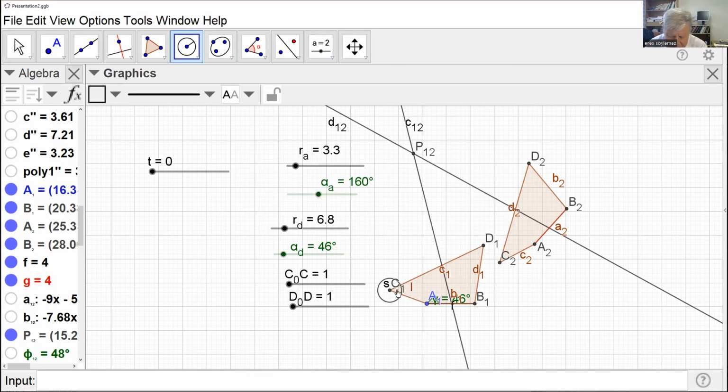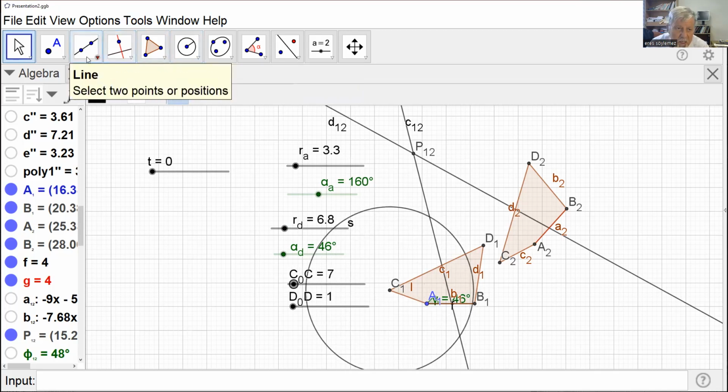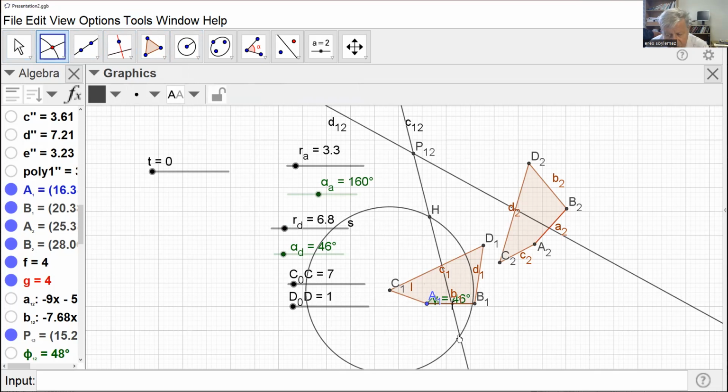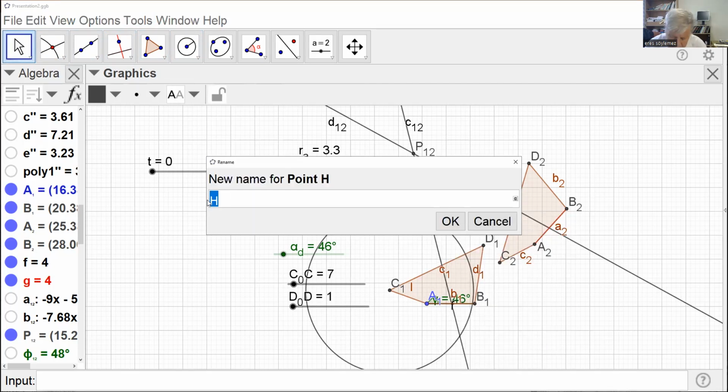This is what I was saying: if it's too small, there will be no intersection of this circle with this perpendicular bisector. You cannot do it, so I have to increase the size. Correct? You can also select this point as well if you want your fixed pivots below, but I will select the top one and rename it C0.